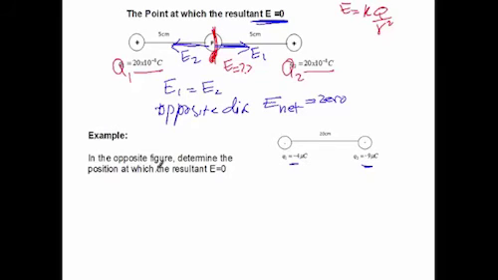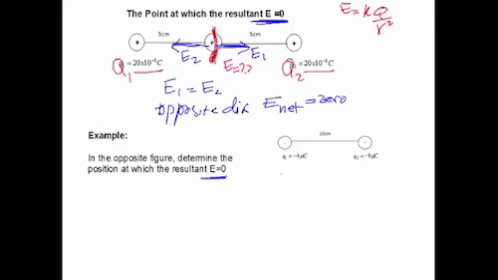In the opposite figure, determine the position at which the resultant E equals 0. Here we do not have the same value for Q1 and Q2, but only similar signs.